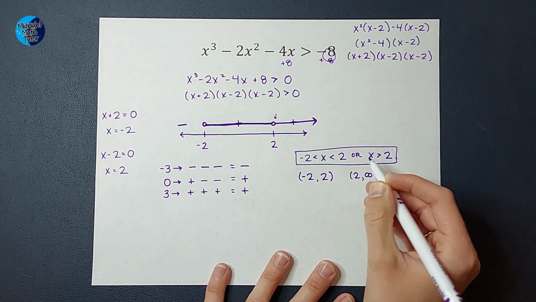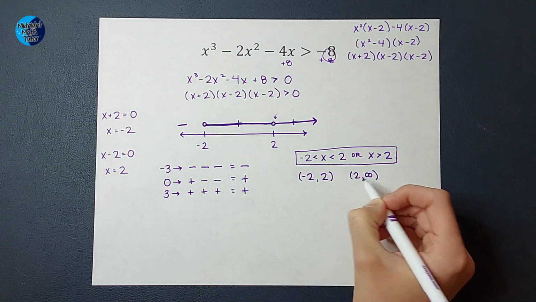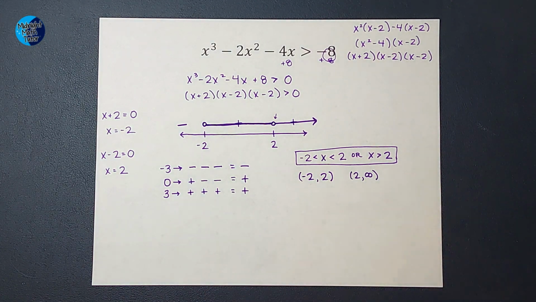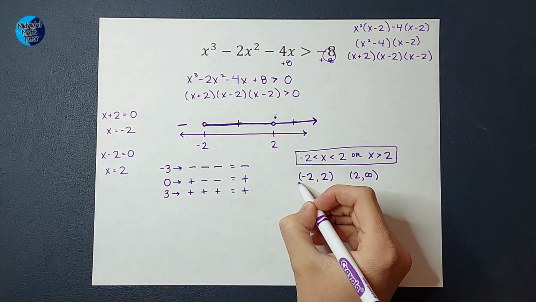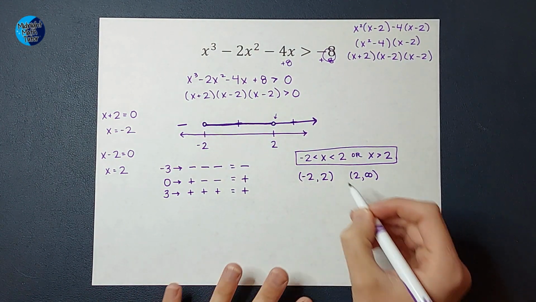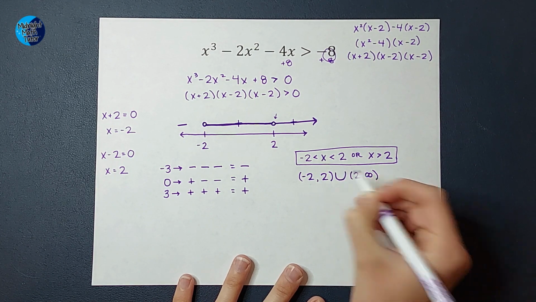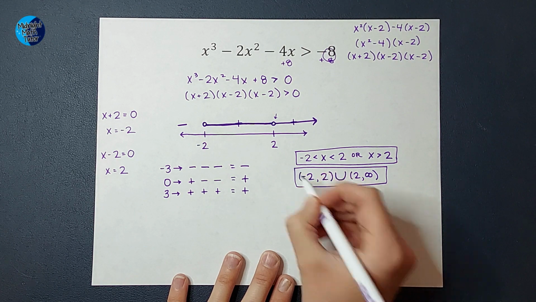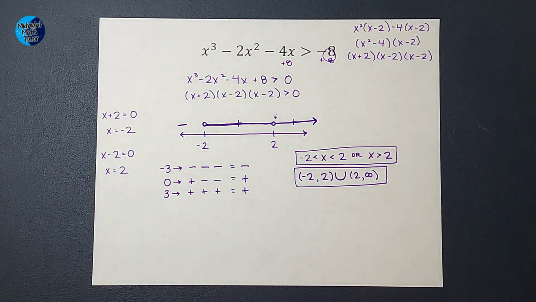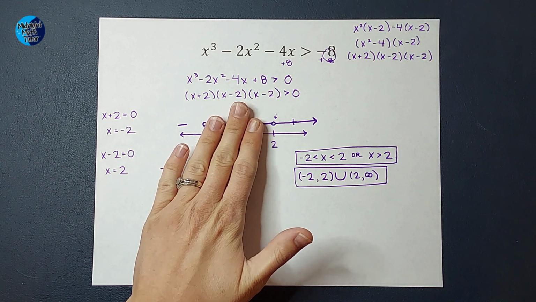Infinity always gets a parenthesis. 2 gets a parenthesis because it can't actually be 2. If it could be like -2, you use a bracket, okay? And then we do a U in the middle to show that these guys are united. They're together. Okay. All right. So that shows me what I can plug in for x to make this statement true.